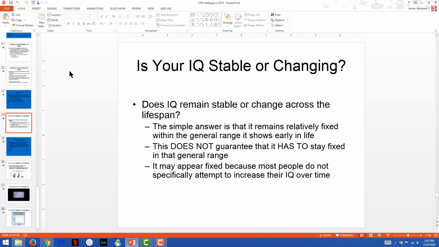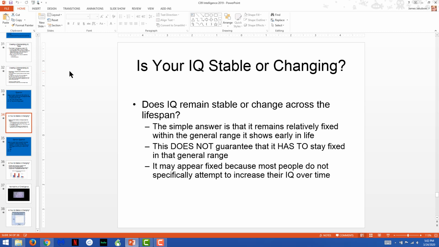Now, does your IQ remain stable or does it change over the course of your lifespan? This was actually an issue that many of the early researchers grappled with, and they created multiple decades-long studies to evaluate IQ over the course of the lifespan.